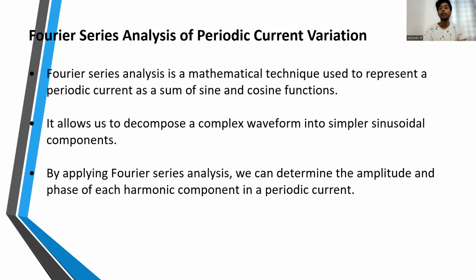It allows us to decompose a complex waveform into simpler sinusoidal components, large equations into small equations. Easily, we can remember it. By applying Fourier series analysis, we can determine the amplitude and phase of each harmonic component in a periodic current. So this we learned about Fourier series.